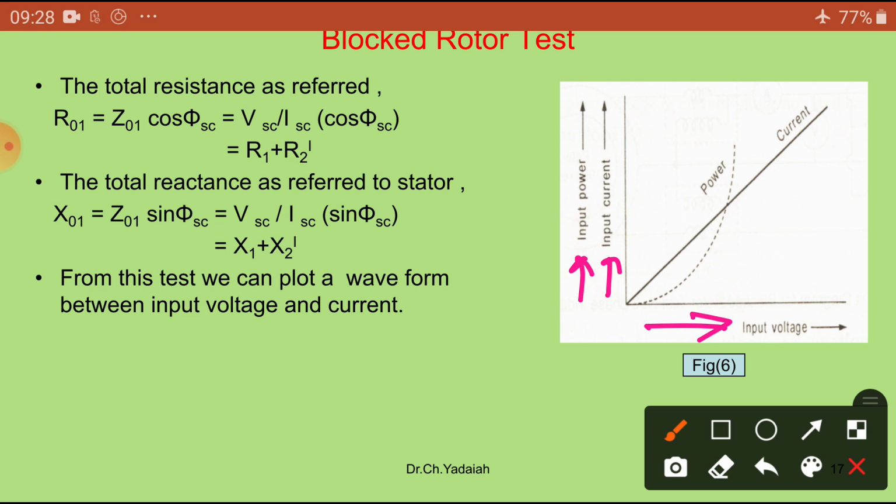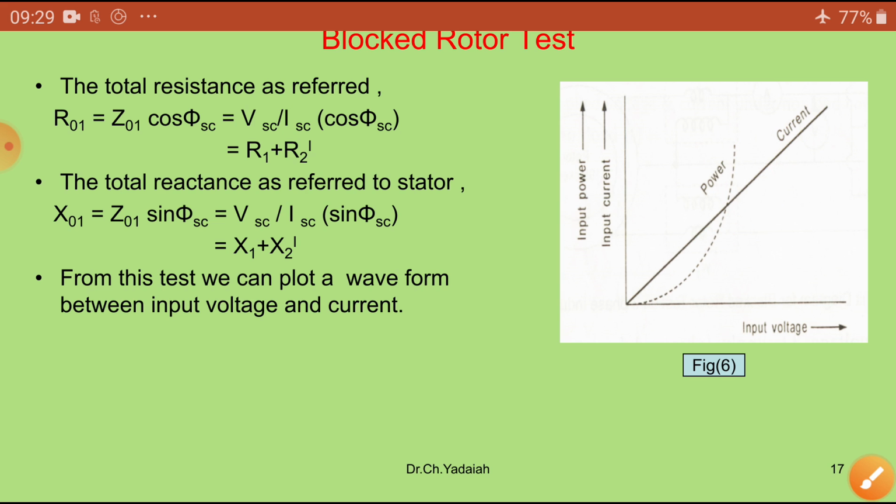If you plot voltage versus current, it is linear, whereas power is non-linear, following I square, while current is linear. This is the graph between input voltage, current and power. This is the AC test.